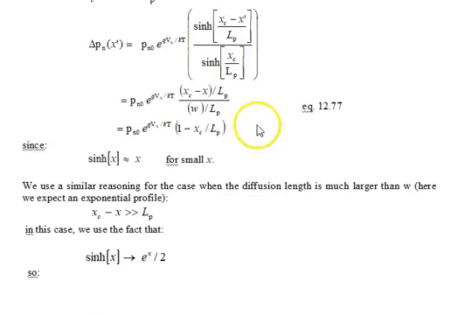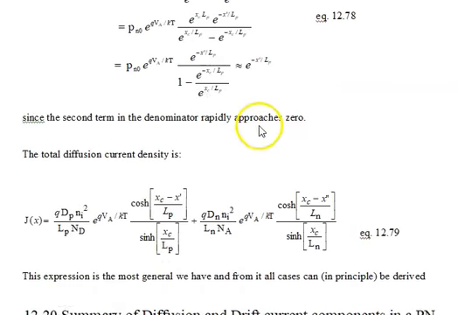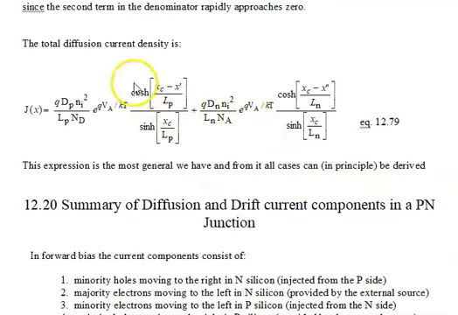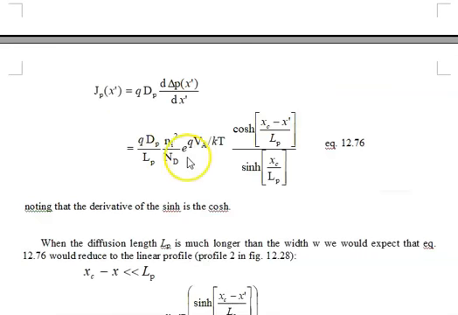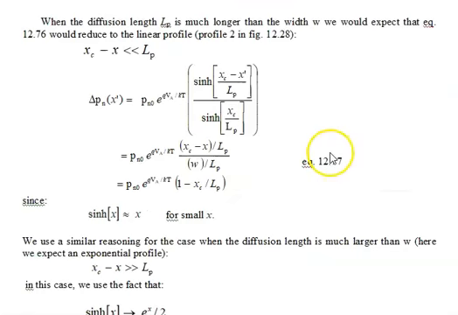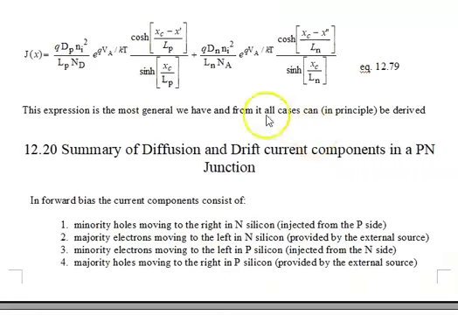That is not good at all. Okay, so again we said the total diffusion current is the p-type over here, which is right here, 1276. That's this one right here, plus the excess electrons, or the electron diffusion current on the p side.